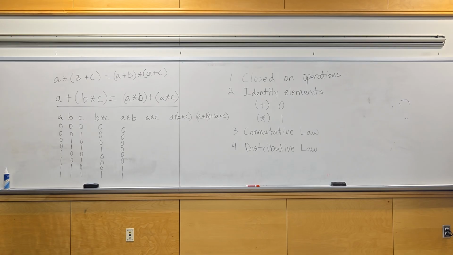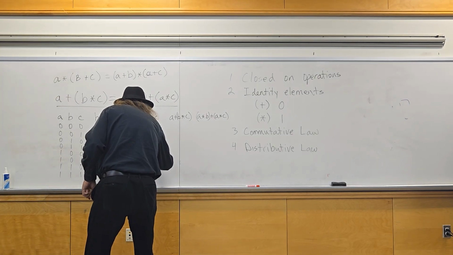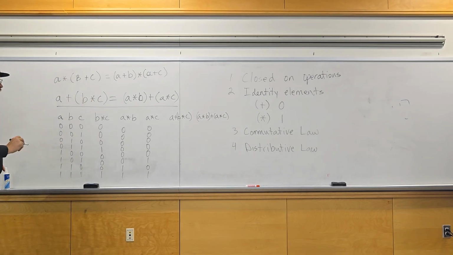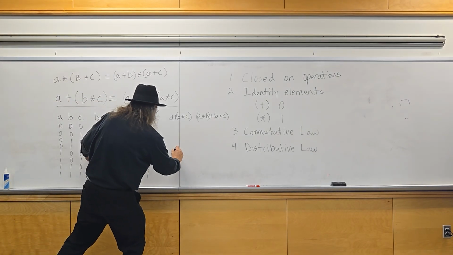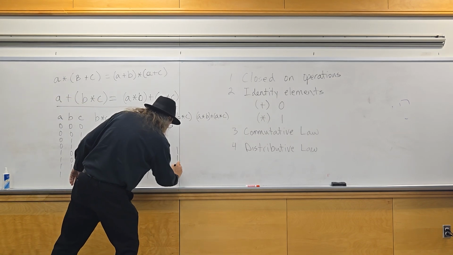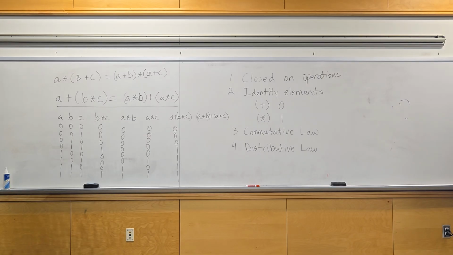And A and C are going to be 1 here, 1 here, 0 everywhere else. And so A or (B and C).